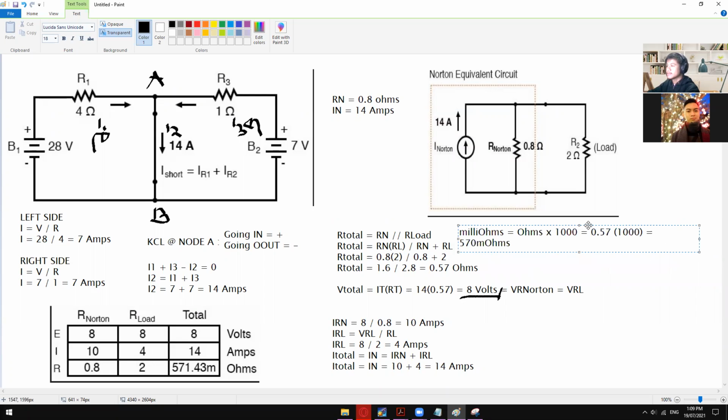Anyway, so ganyan na lang. Ibaba ko na lang. There you go. So this one has a value of 570 milliohms. Which is the same with this one. Okay. So were you guys able to follow?